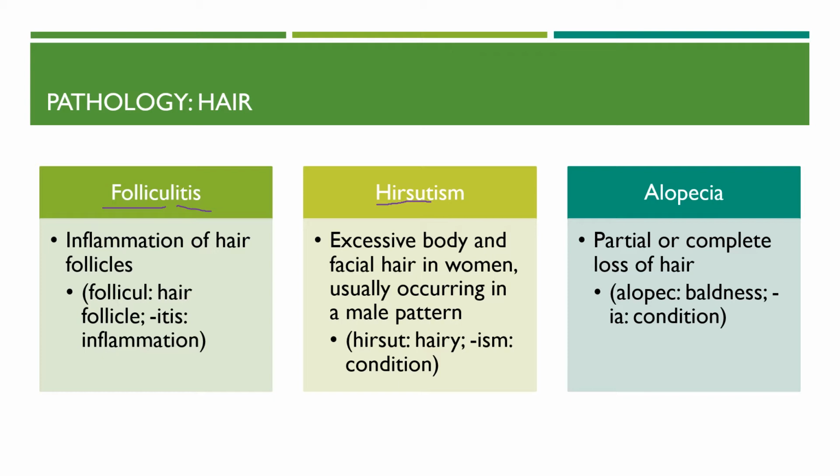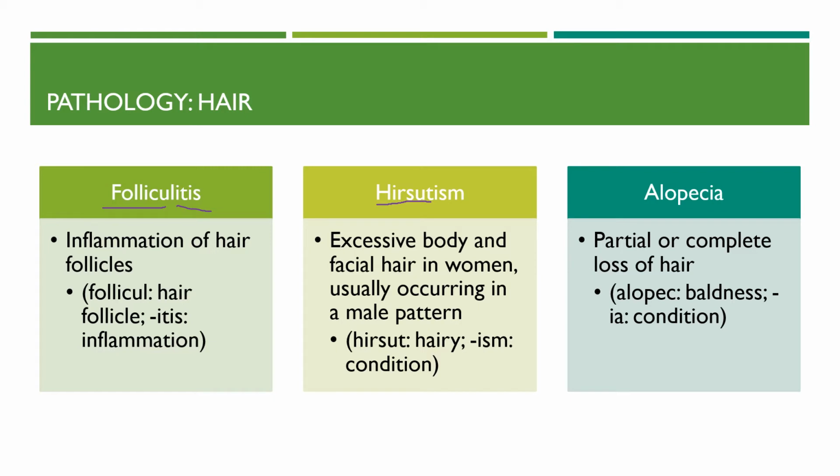Men can also get hirsutism. These are the people that I described, the guys who look like they're wearing a sweater even when their shirt is off. So that's excessive body hair. It's usually hormonal related, and sometimes balancing hormones will help with this in addition to hair removal procedures.